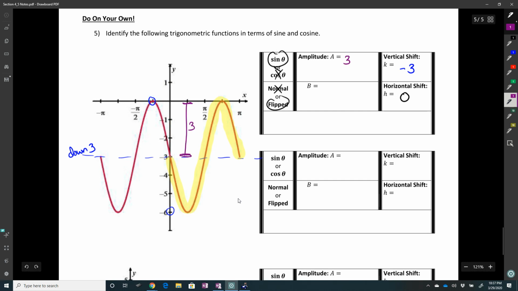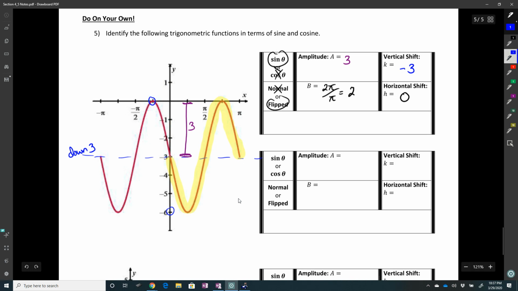So my amplitude is 3. It's not always the same as the vertical shift. And the period, you can see, starts at 0, ends at pi. So it's going to be 2 pi over the period, which is pi. So that's just going to be 2.